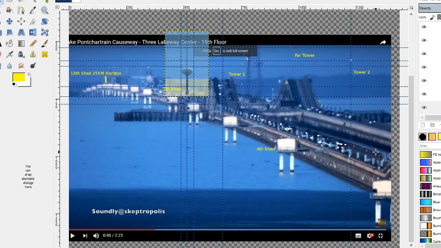I narrowed down the viewer position to within a few meters on the hotel, left or right, using where the line intersects here and where it intersects here roughly as a guide.